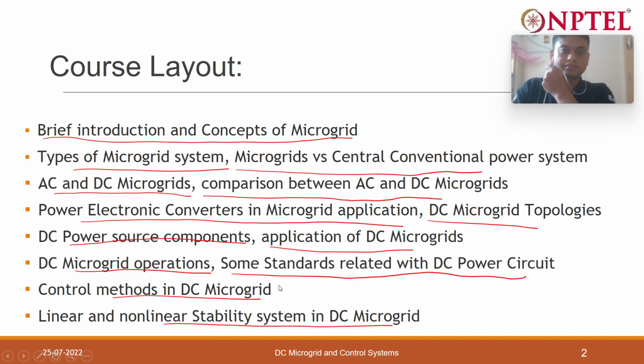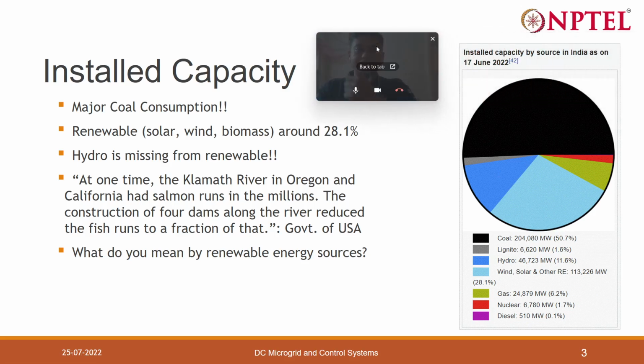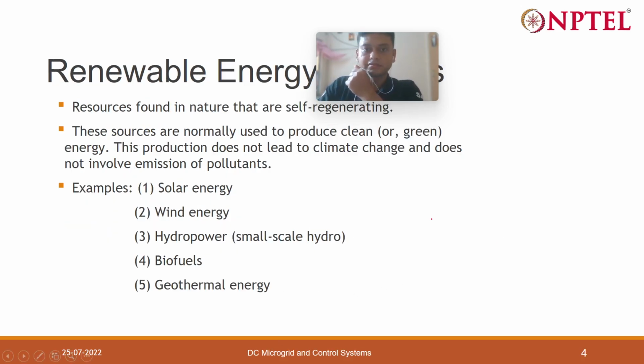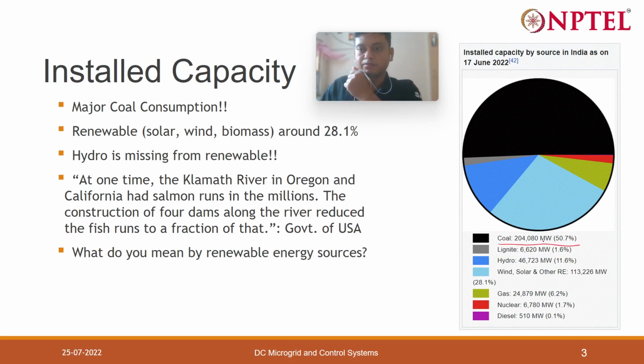If you see the total installed capacity of India with respect to power generation, this pie chart demonstrates it. Here you can see that the major portion is covered by the coal based plant, the black part, which is approximately 50.7%.